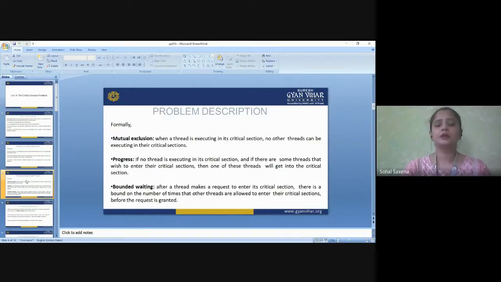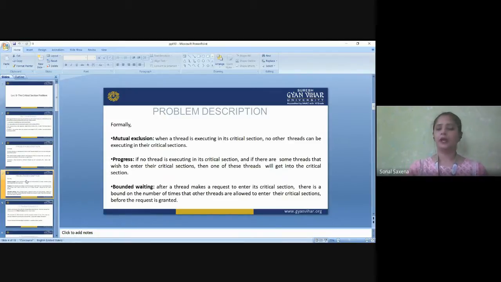The second condition is progress. If no thread is executing in its critical section, meaning no process is currently running in it, and some threads wish to enter their critical sections, then one of these threads will get into the critical section. Understand what is happening here.